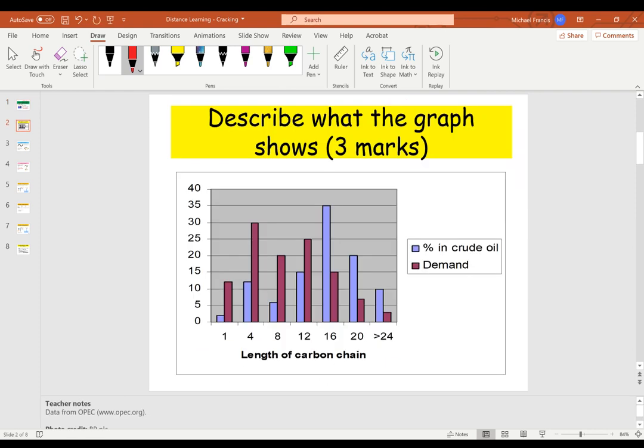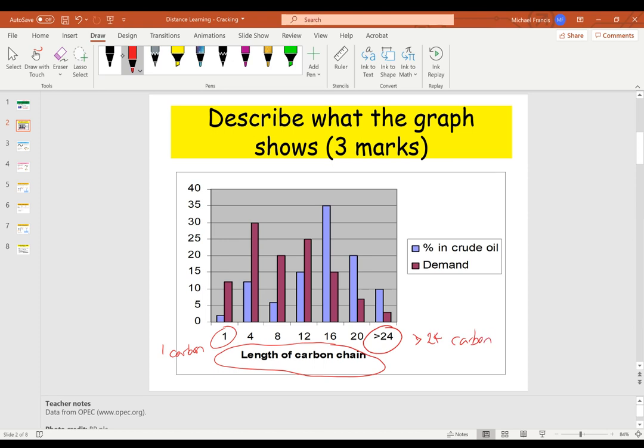The graph below shows the varying amounts of hydrocarbons with different lengths of carbon chains. 1 means that it's got 1 carbon, 4 means it's got 4 carbons, and so on, up to greater than 24 carbons.